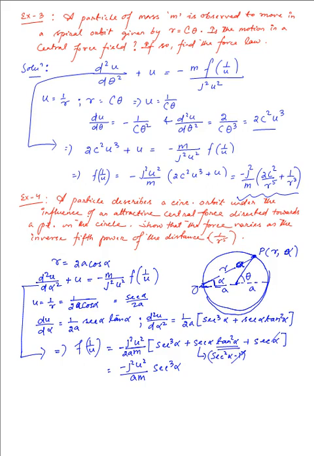Well, sec alpha is equal to 2a times u, if you see that, and u is 1 over r, so from this part we know that to be equal to 2a over r, and we put it over here.